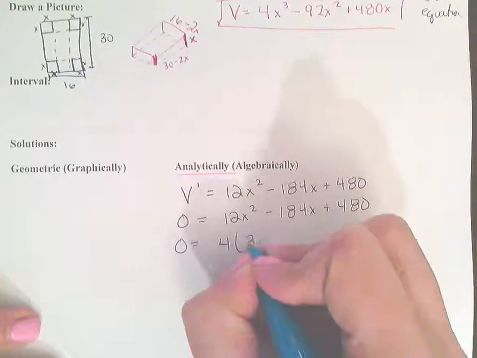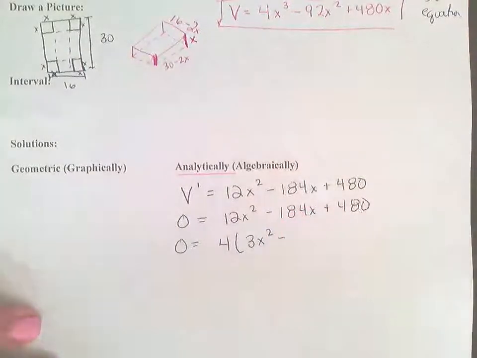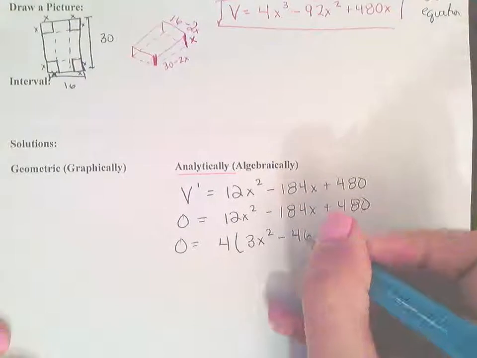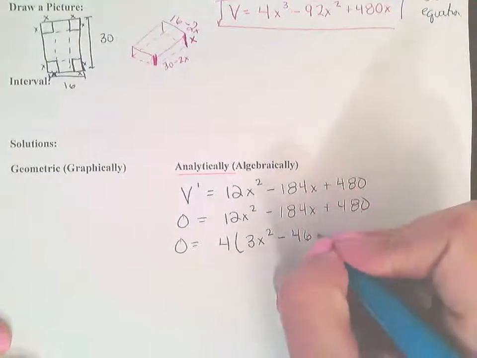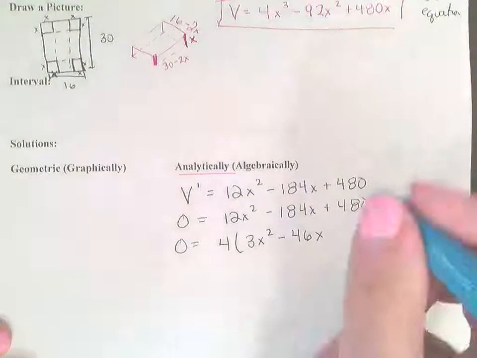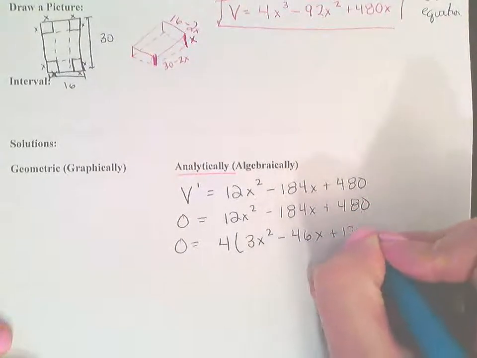And what we're left with is 3x squared minus 46x plus 120.